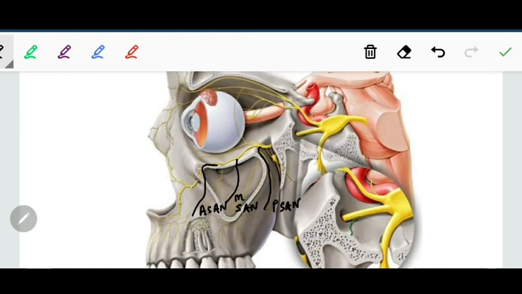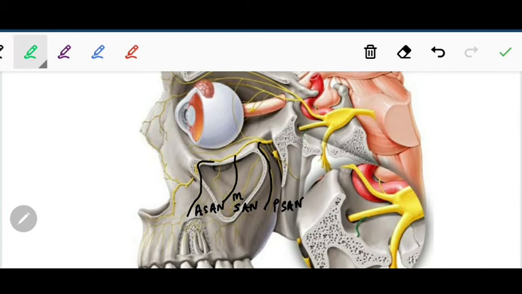The posterior superior alveolar nerve is a branch from the maxillary nerve. And the anterior and middle superior alveolar nerves are the branches of the infraorbital nerve. This is the infraorbital nerve. This is the maxillary nerve.